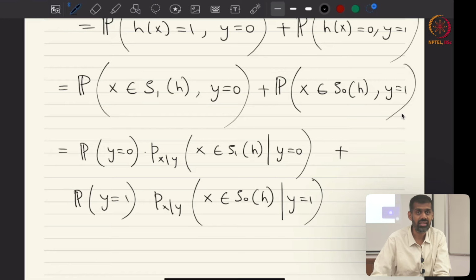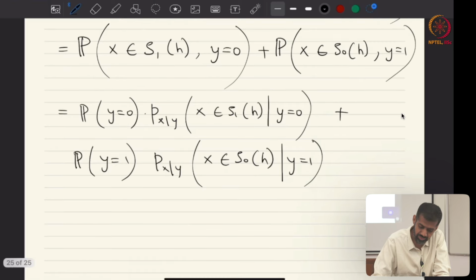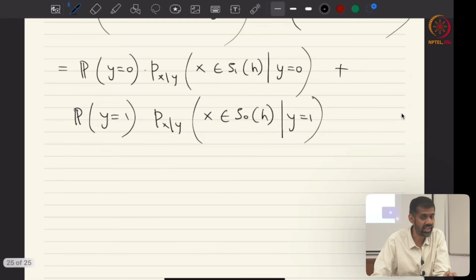Is this clear? This is simply using the definition that the joint is equal to the product of marginal and conditionals. That's it. Is this clear?